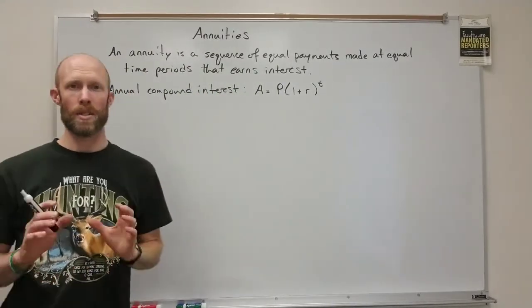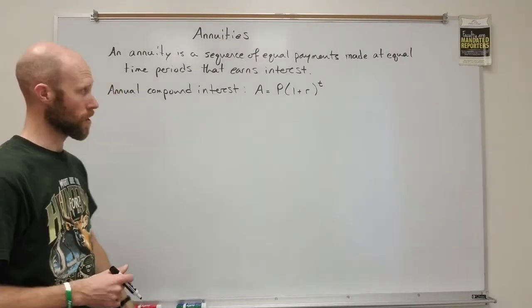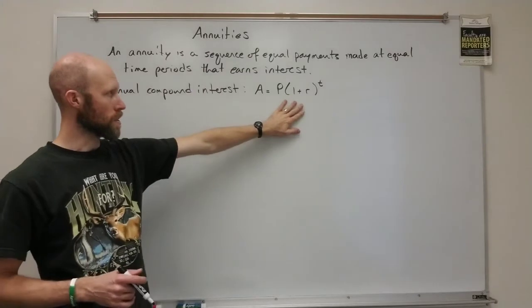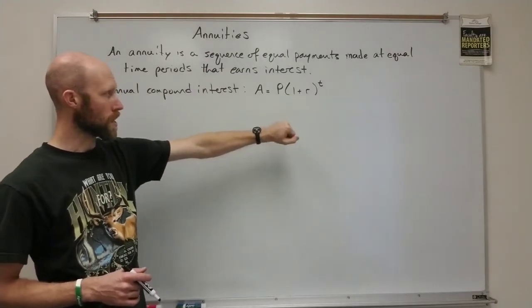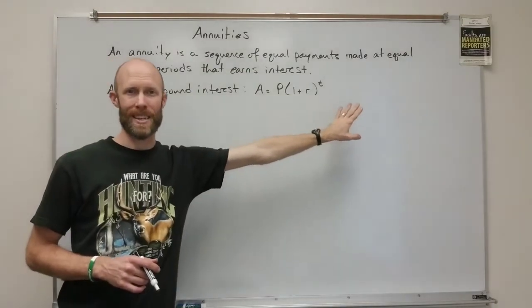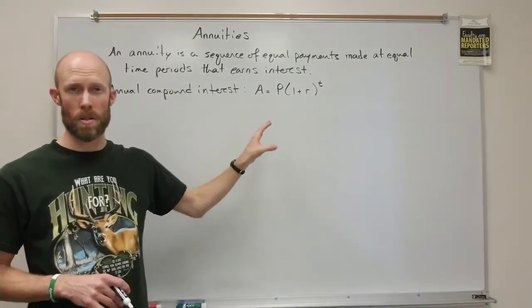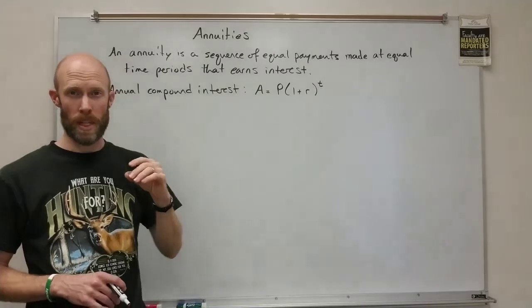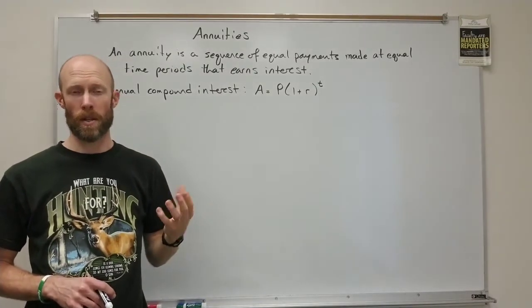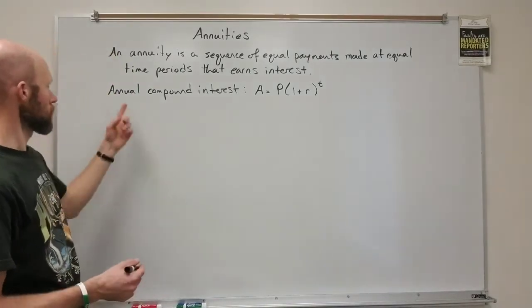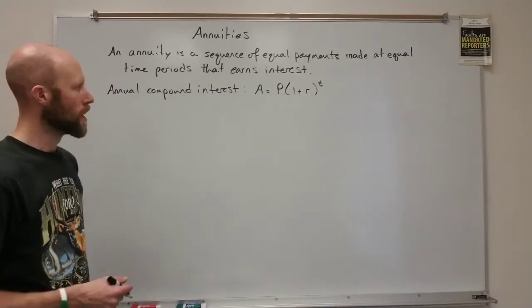I won't go through all the details, but I'll just give some motivation here. We know the annual compound interest formula is A equals P times (1 plus r) to the t. That's the formula that we've seen in the compound interest section, when the n value for the compound interest formula was equal to 1, so annual, one time per year.